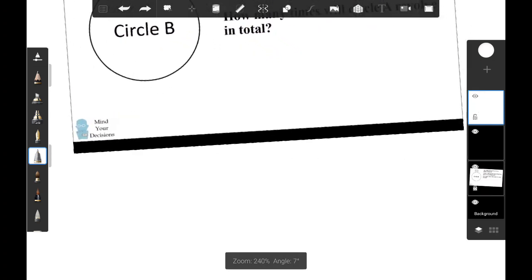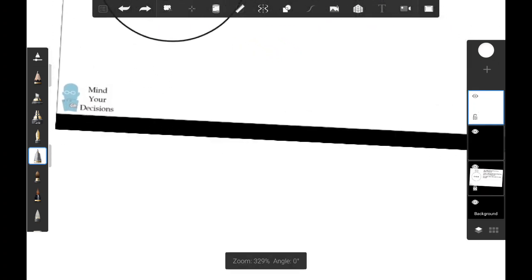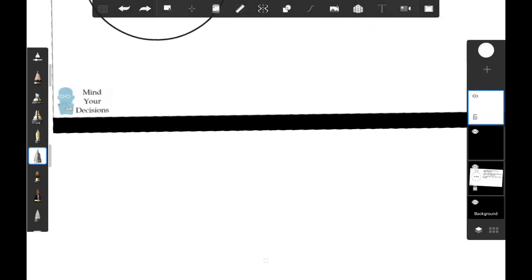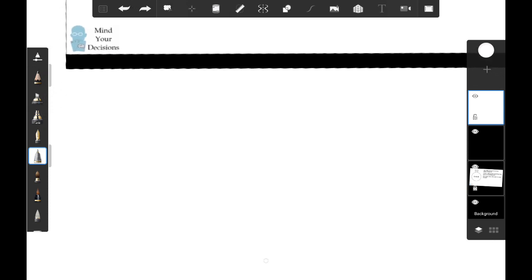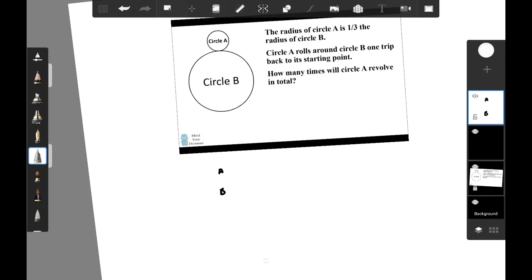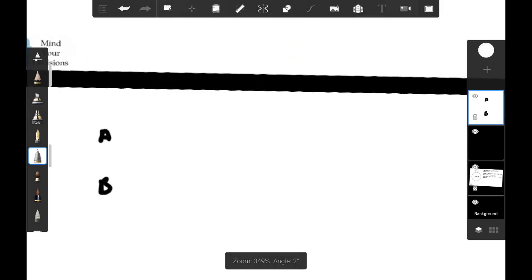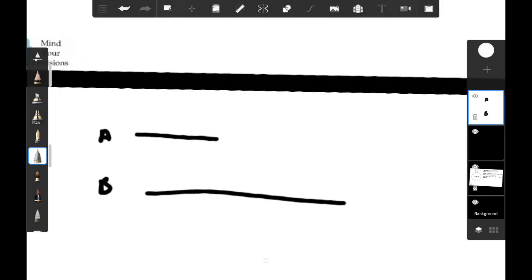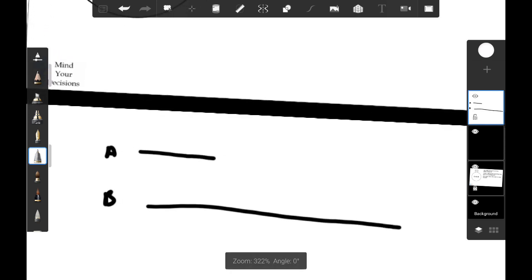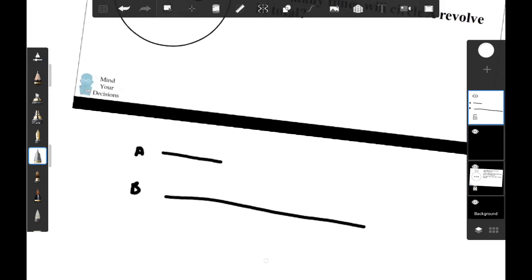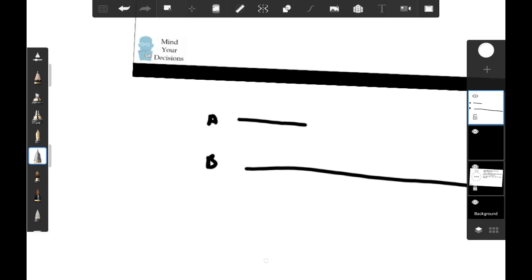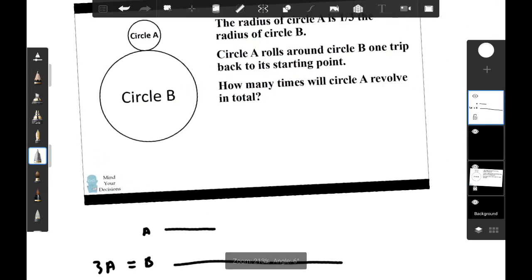So we do it like Mind Your Decisions did. We make the circumference into a straight line. So this is A, this is B, and this is 3, and then this is D. It's like this. So B is actually 3A, because we just let this as 1 and this as 3.